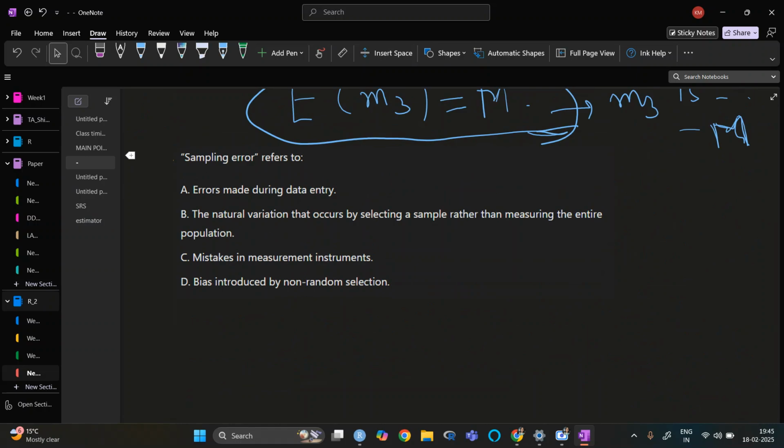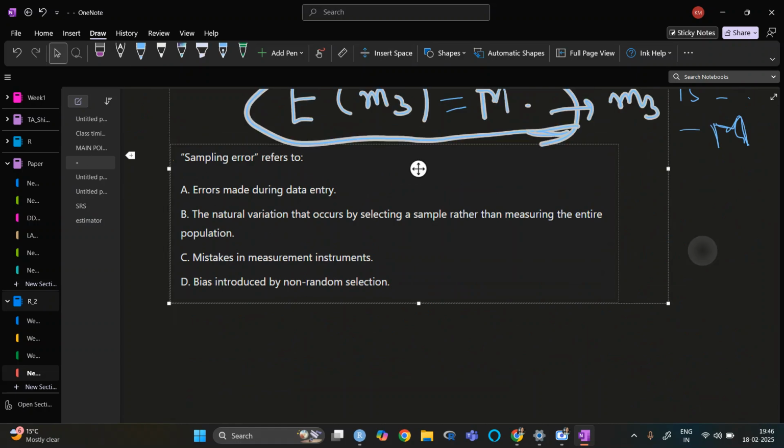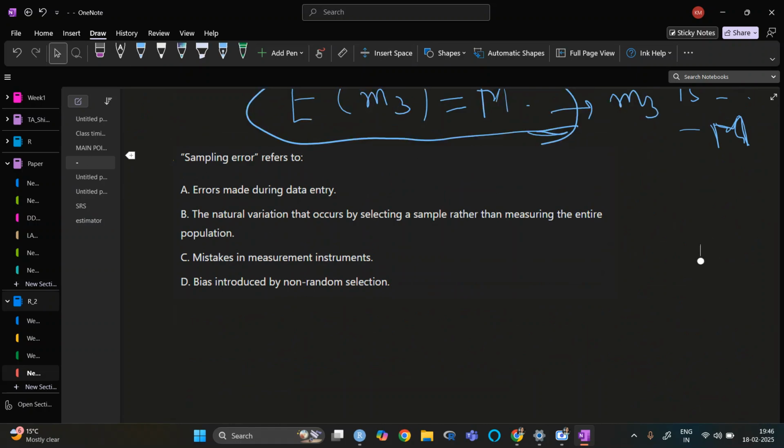Okay, so why does sampling error happen? When we talk about sampling error, standard error, sampling variance, etc., it is not because errors are made during data entry, because if that happened, we would need to change our samples, right?